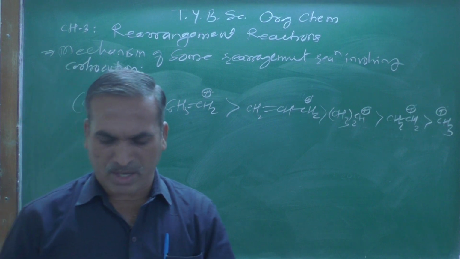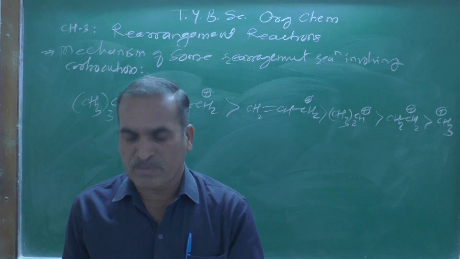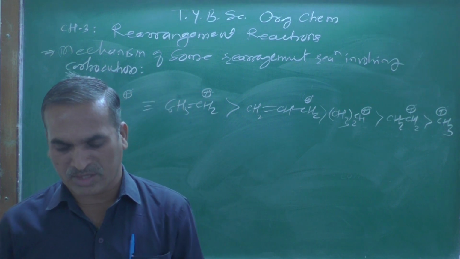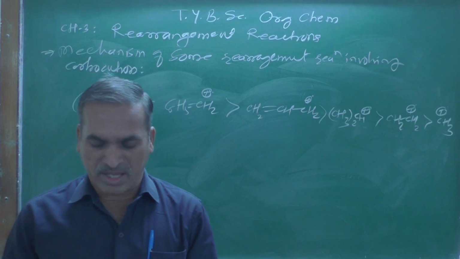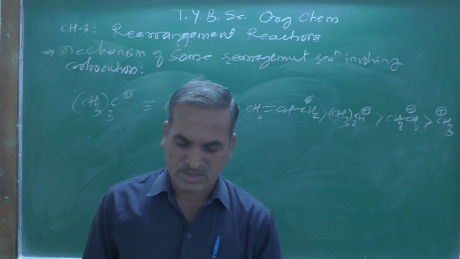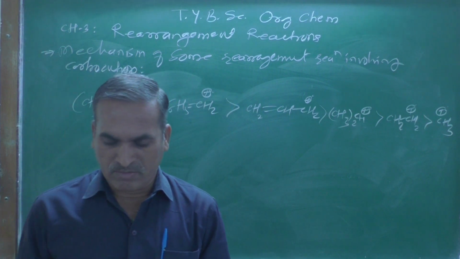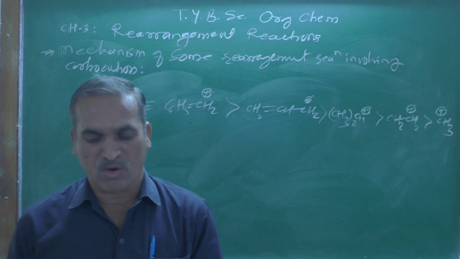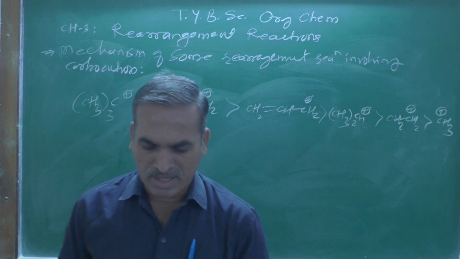The stability of a carbocation depends upon the inductive effect, resonance effect, hyperconjugation, and the steric effect. These are effects we already learned. During this rearrangement, side reactions like SN1 or E1 can take place, and these rearrangements involve a hydride shift or an alkyl shift.